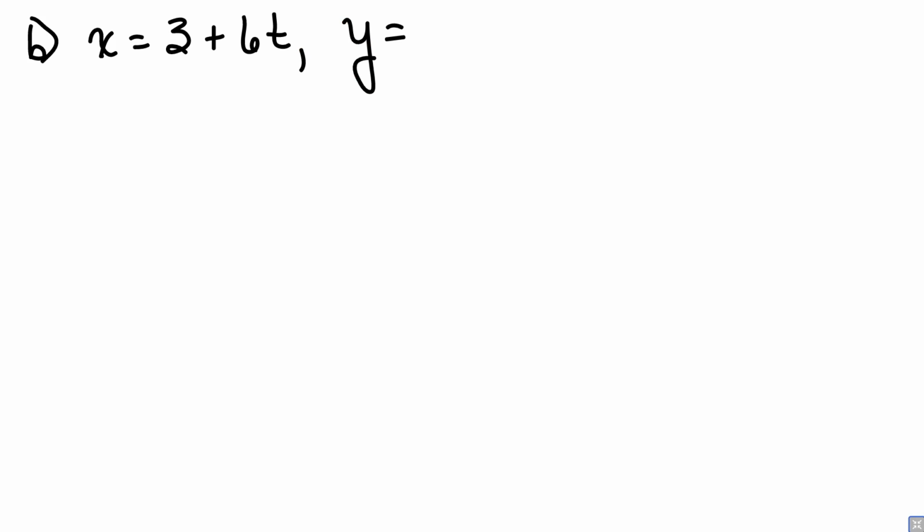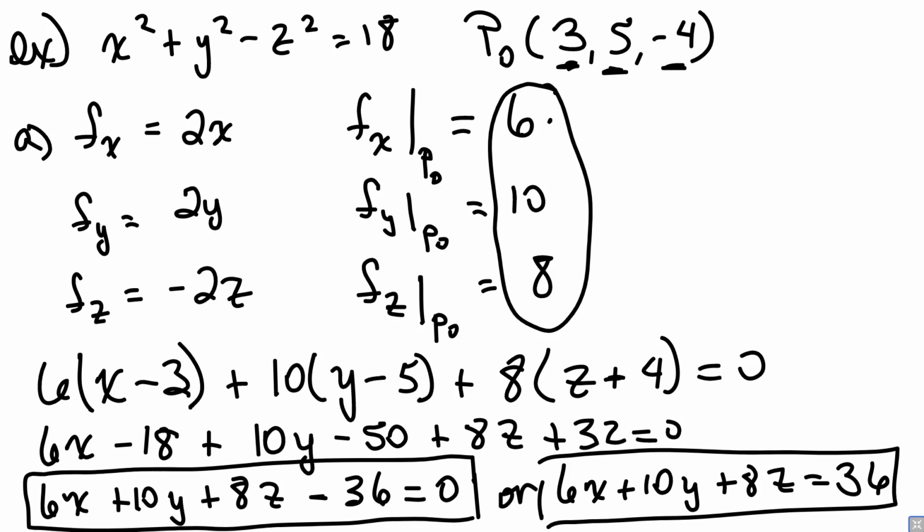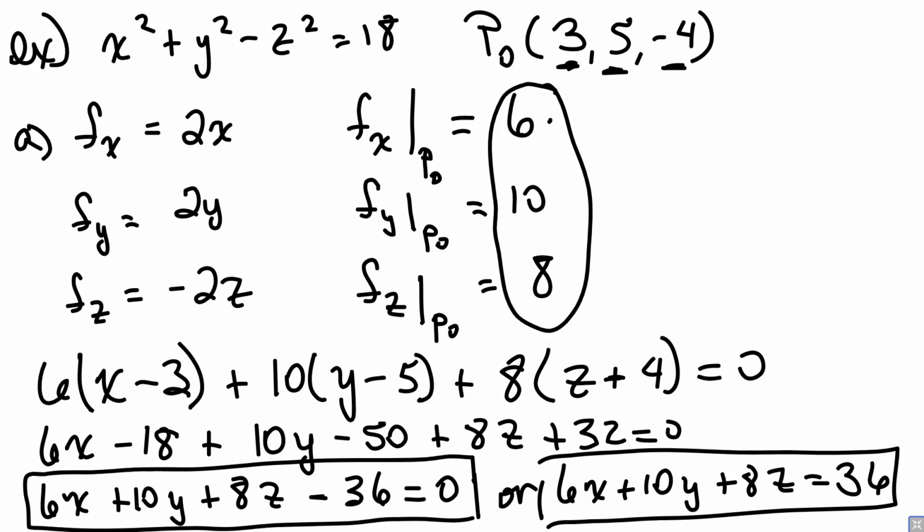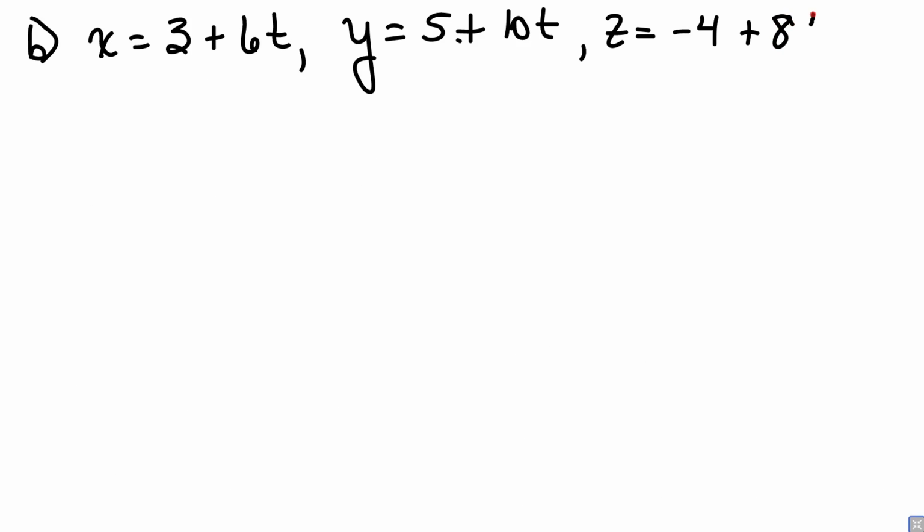Then y is going to be equal to the y coordinate of the point, which is 5, plus the partial y value at the point, which is 10. And then z is going to be the z coordinate of the point, which is -4, plus the slope and then t. So we're going to have 8t. Any questions there?